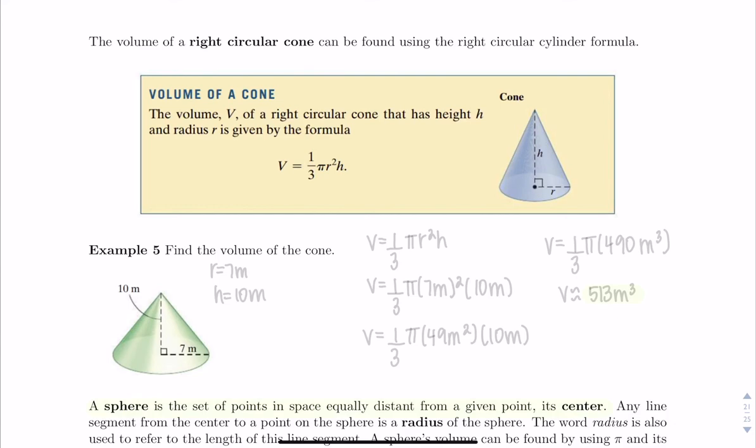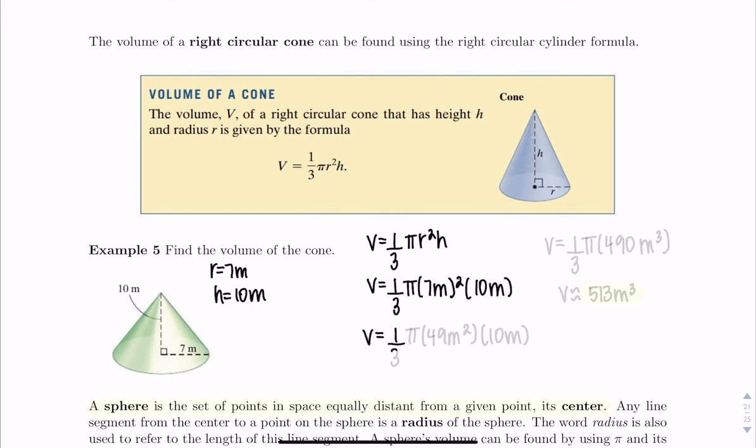So our radius in this case is 7 meters, and our height is 10 meters. So we have V equals 1/3 pi r squared h. This is 1/3 pi, our radius is 7 meters squared times 10 meters.